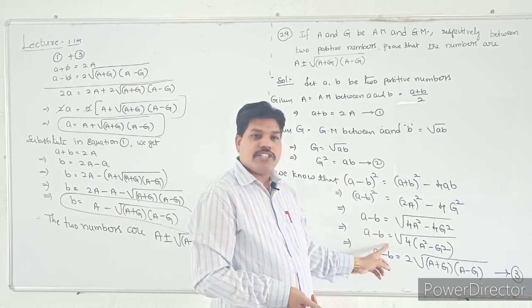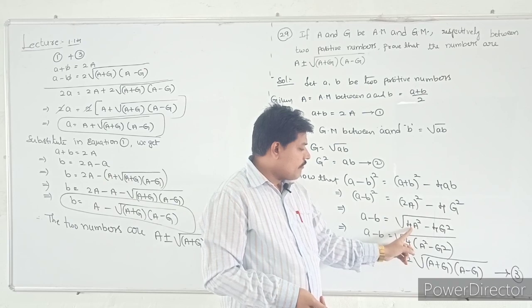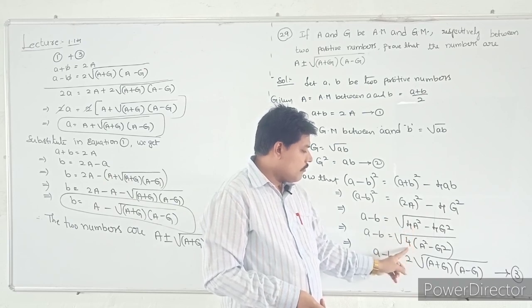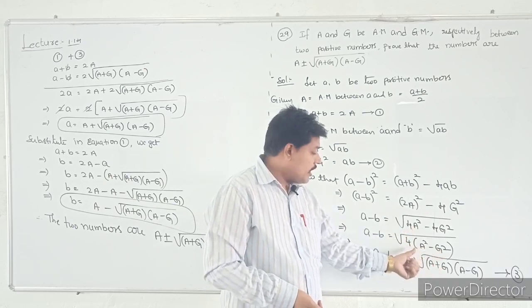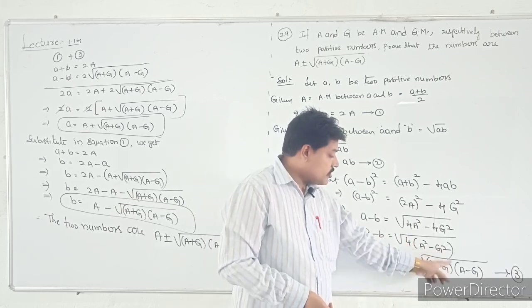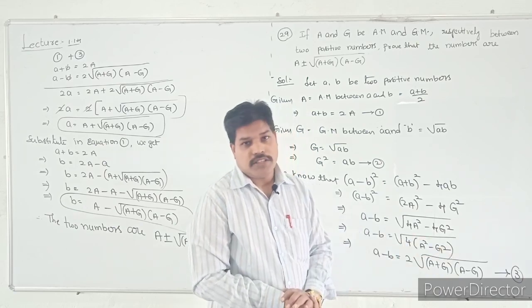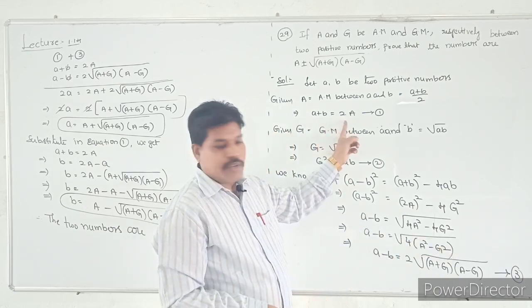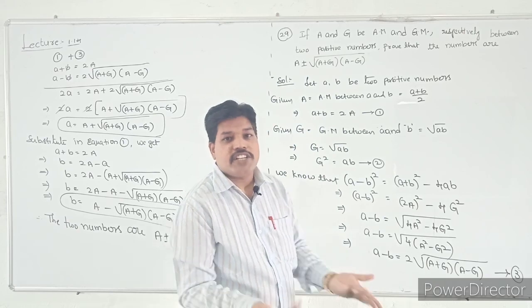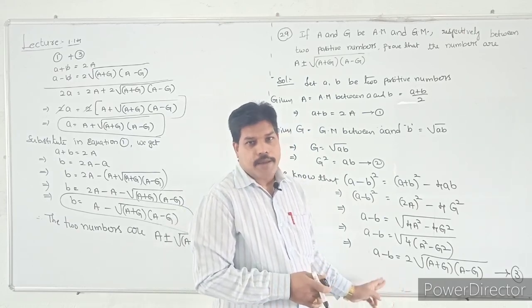So a minus b is equal to square root of 4 into (A square minus G square). Taking the 4 outside the root, it becomes 2 into square root of A square minus G square, which can be written as (A plus G)(A minus G). Take that as equation number 3. So here we know a plus b and we know a minus b, so it is easy to calculate the a value and b value. That's why we are calculating a minus b.